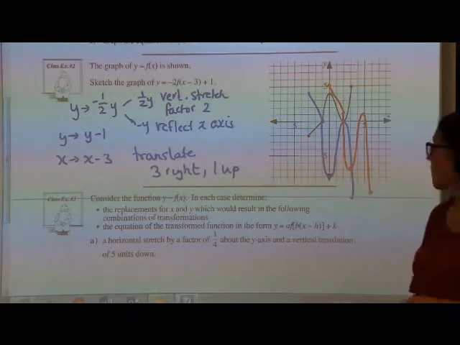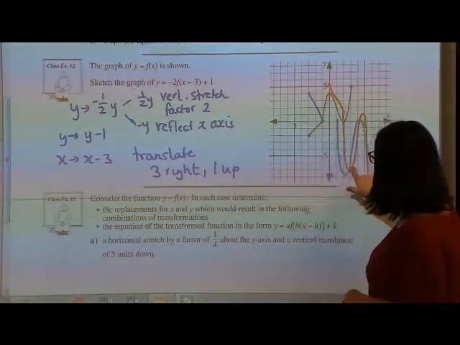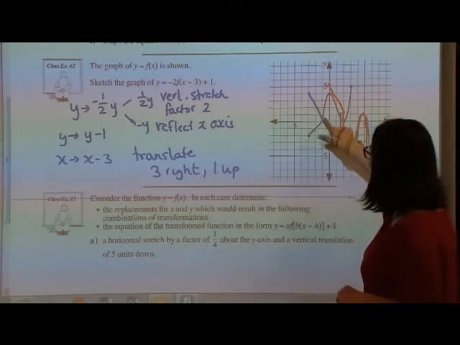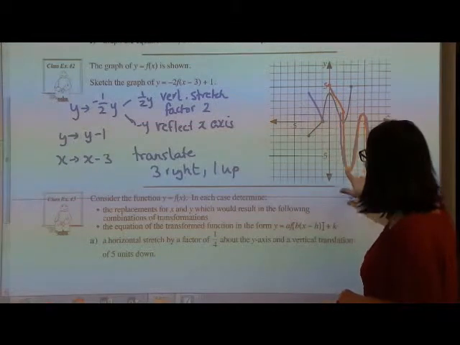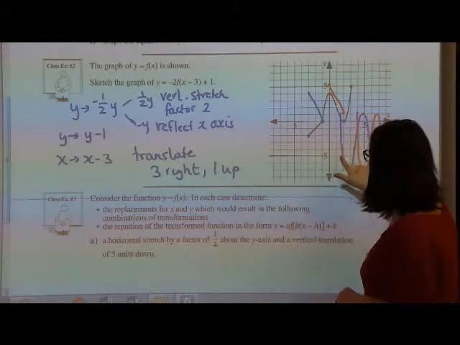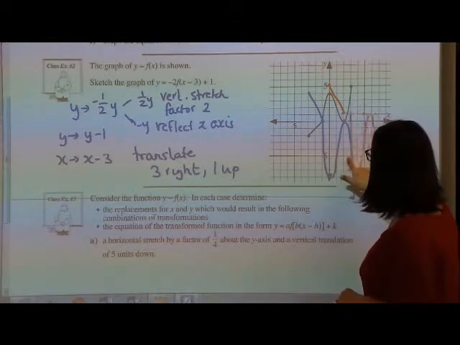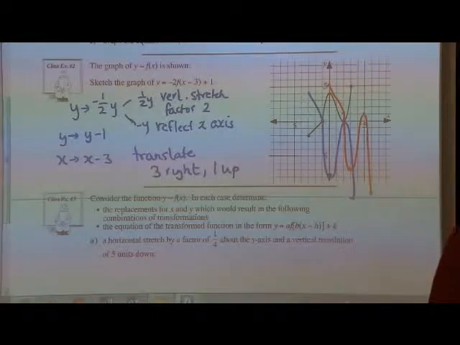And there's my new graph. So that graph in red should be virtually a copy of the one that I had in blue. It's just been moved over the 3 and the 1. Get the right color. There we go. Okay?